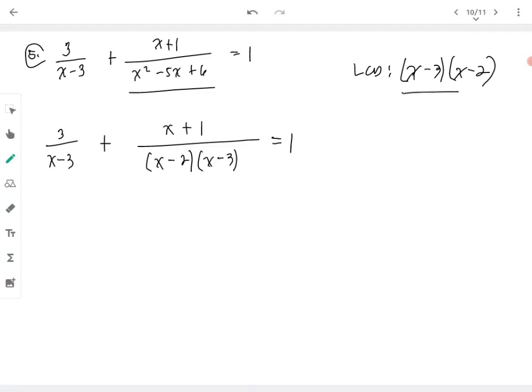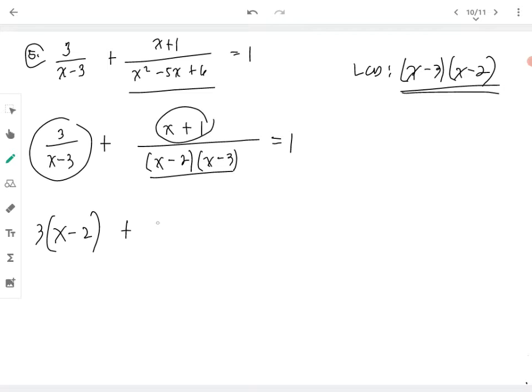If you're going to multiply this and this, the x minus 3 will be cancelled out by division. So you're left with 3 and x minus 2. So you write it 3 times x minus 2. This one, if you're going to multiply this one, all will be cancelled out. You are left with x plus 1. So write x plus 1. If you're going to multiply this by this, that's still the same, x minus 3, x minus 2. So you can do that kind of shortcut as long as you have mastered it already.